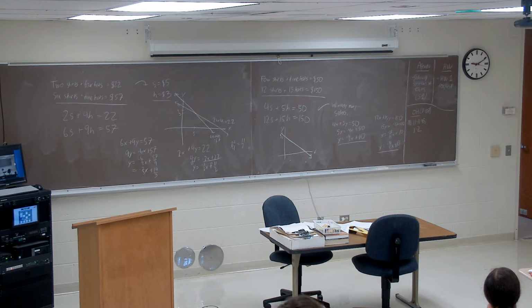This one would lead us with 12x plus 15y equals 200. 15y equals -12x plus 200. y equals -12/15 x plus 200/15, which is the same as -4/5 x plus 40/3.